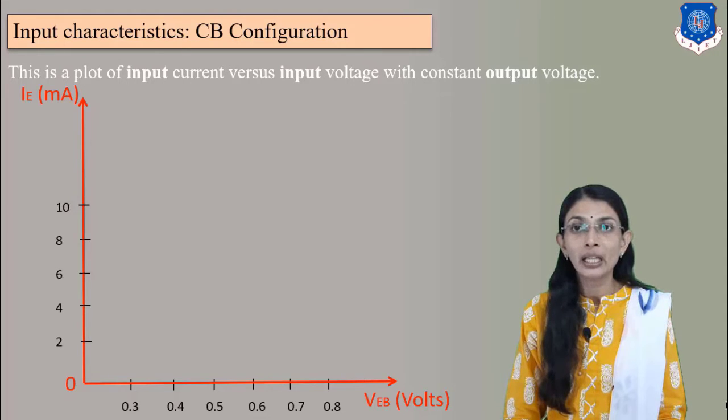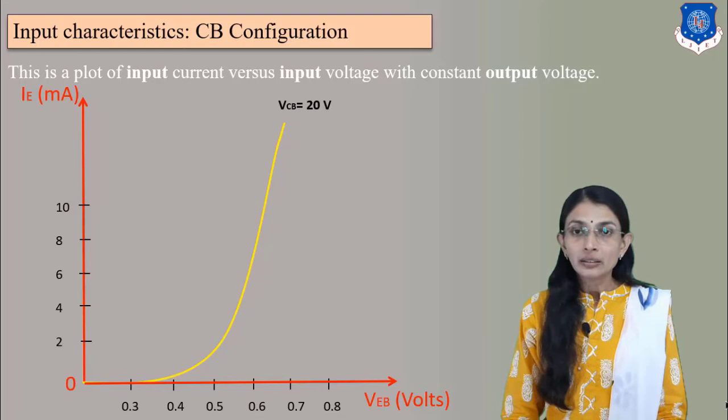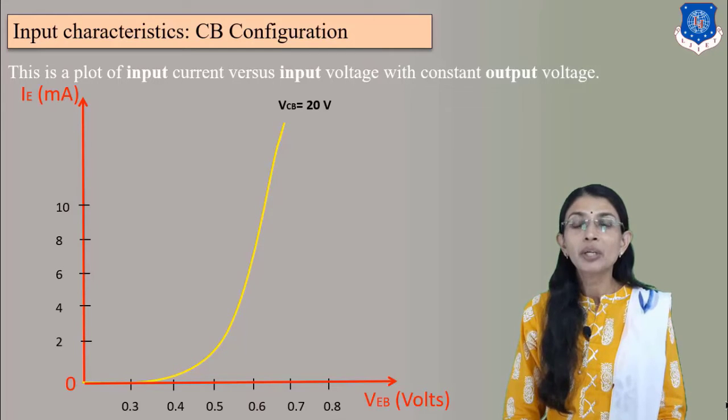First of all, I'll select the constant value of output voltage, that is VCB equal to 20 volt, and then I will vary VEB and we will measure input current. As VEB increases, IE increases.